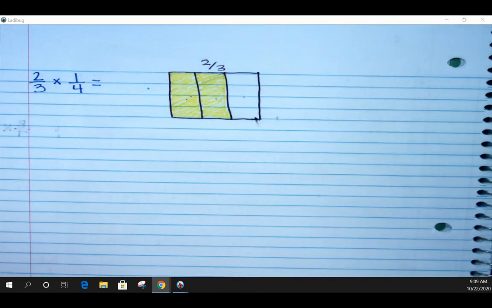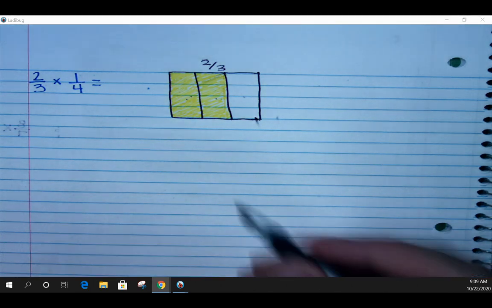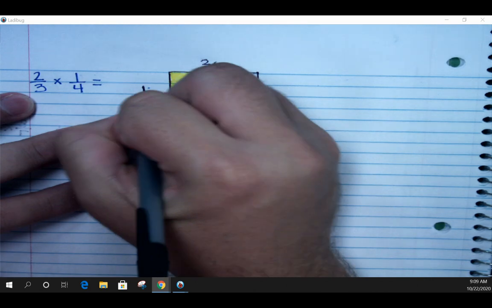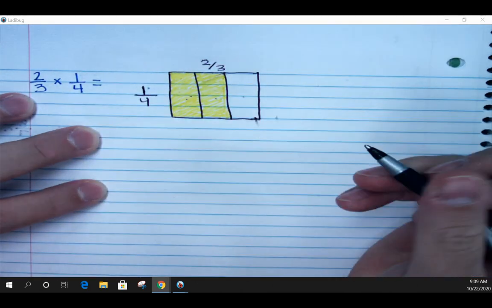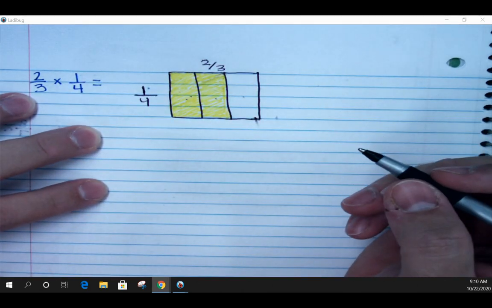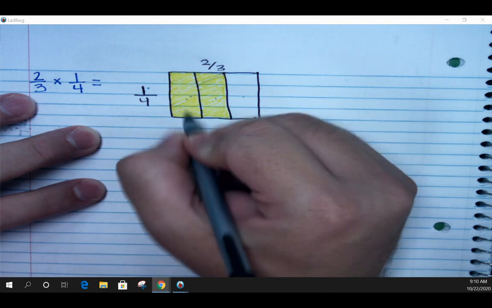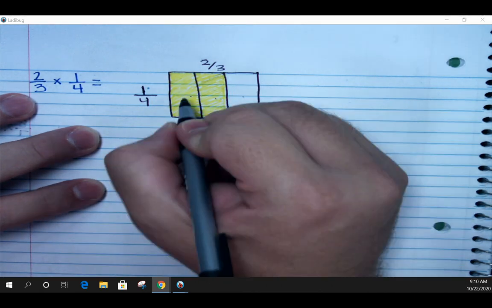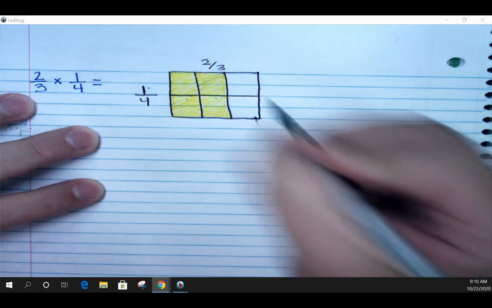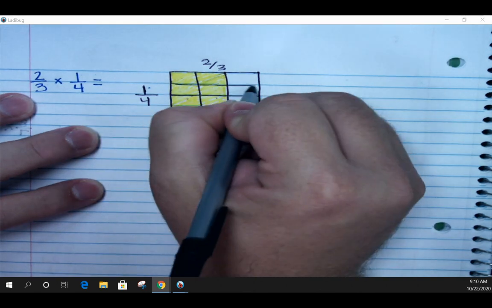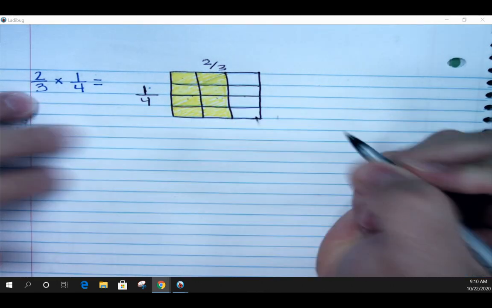Okay, I did 2/3. Now I'm going to go back with my pencil on this side, and I'm going to write my other fraction, 1/4. So when I do fourths, what I do is I cut it in half, and then I cut the half in half to make fourths.